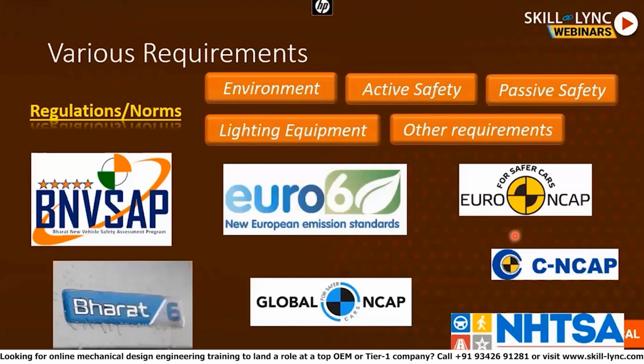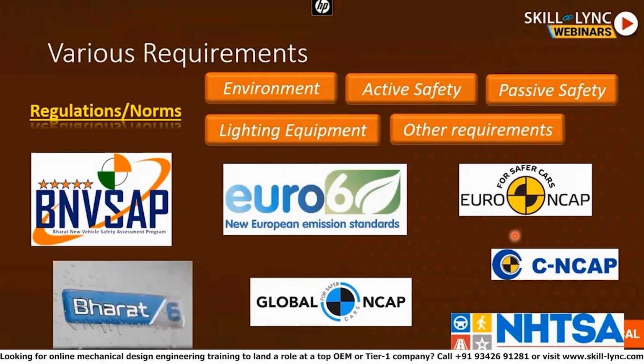First, about the regulations and norms. Most of you might know there are some NCAP regulations, New Car Assessment Program regulations, where the vehicle is tested by a private agency and a star rating is given. Recently, you might have seen some of our Indian vehicles have achieved 4-star, 5-star ratings in safety.